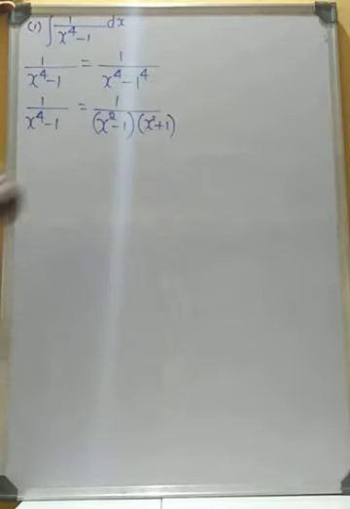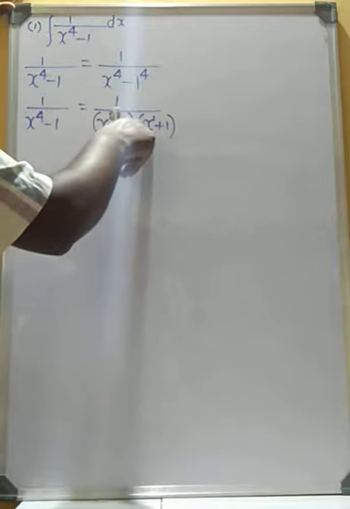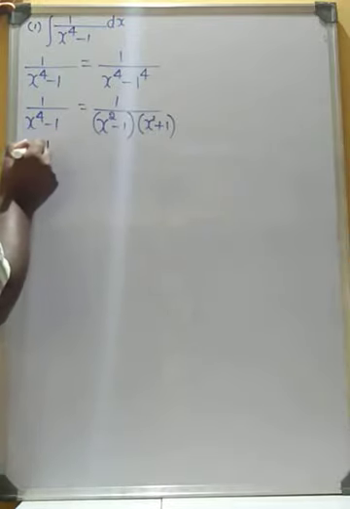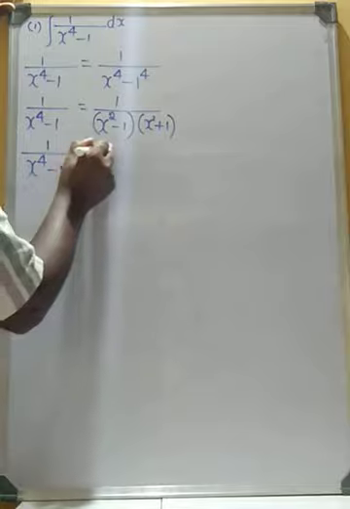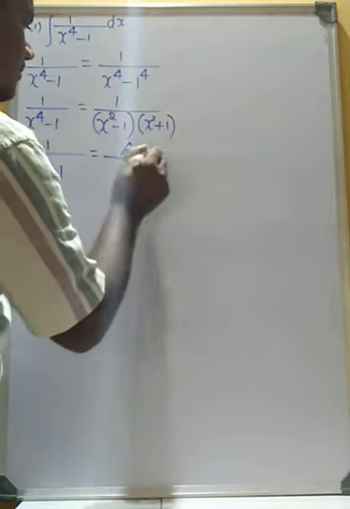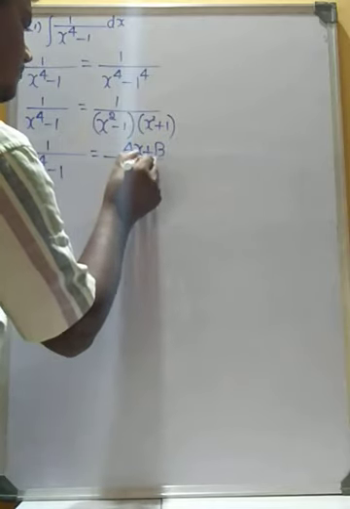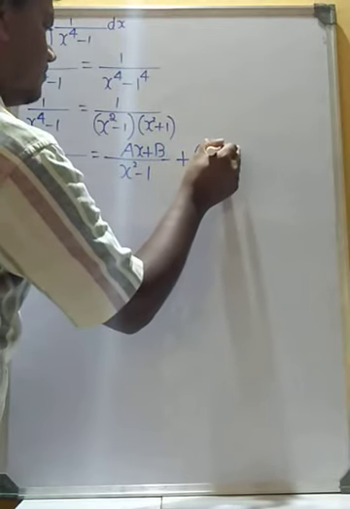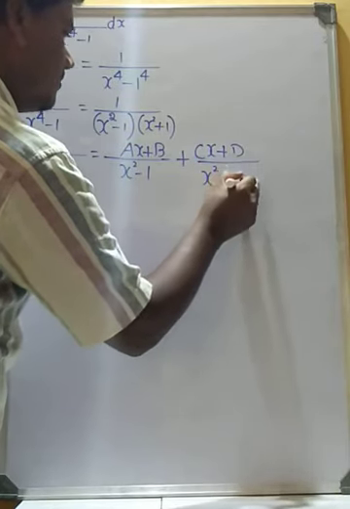x to the power of 4 minus 1 can be written as x square minus 1 into x square plus 1. So therefore 1 divided by x to the power of 4 minus 1 equals ax plus b divided by x square minus 1 plus cx plus d divided by x square plus 1.